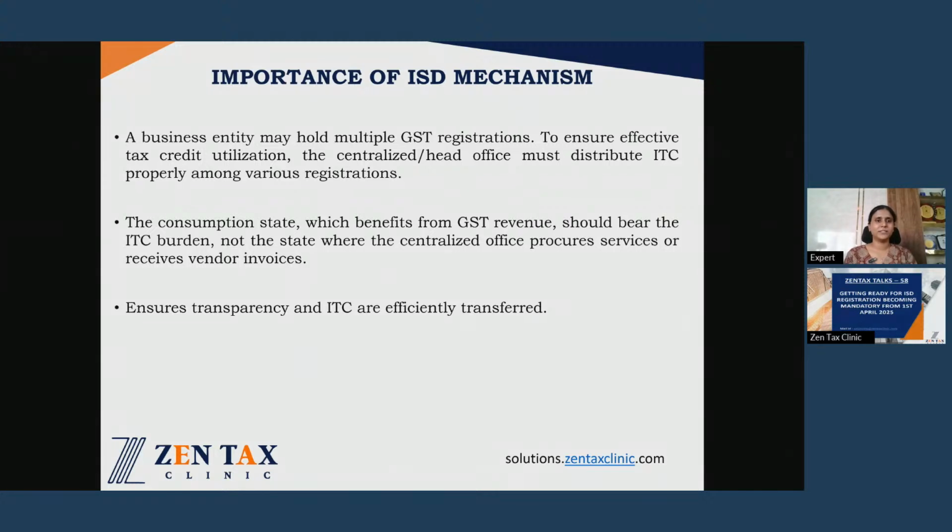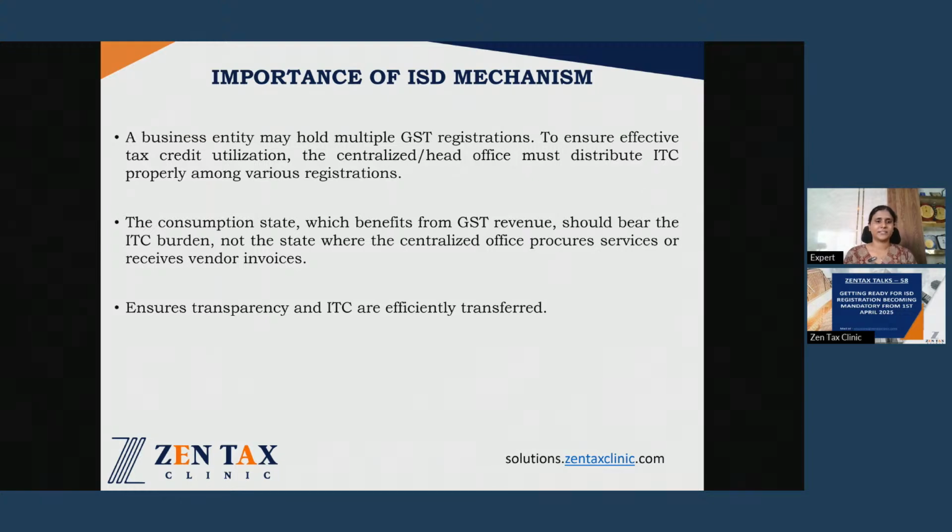Why is this ISD mechanism important? Firstly, a business entity might hold multiple GST registrations. To ensure effective credit utilization, there should be a centralized system to distribute these ITC among those registrations. So for this purpose, the ISD mechanism helps to determine and properly distribute these credits.